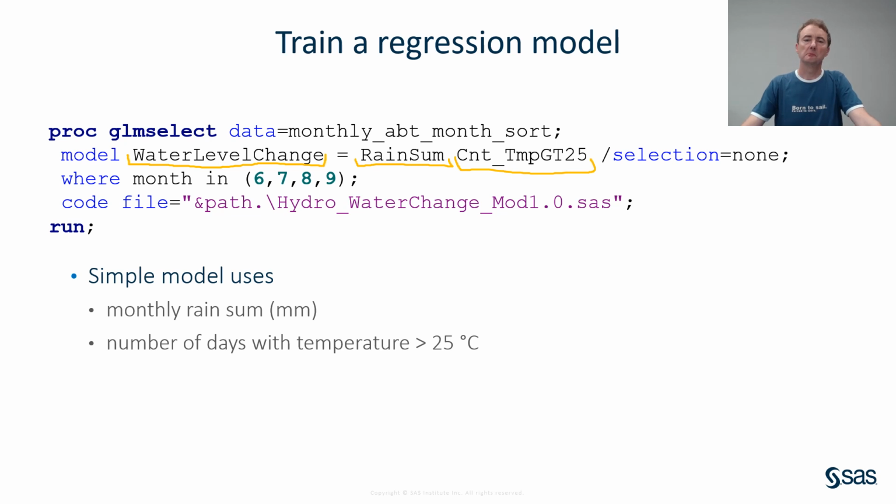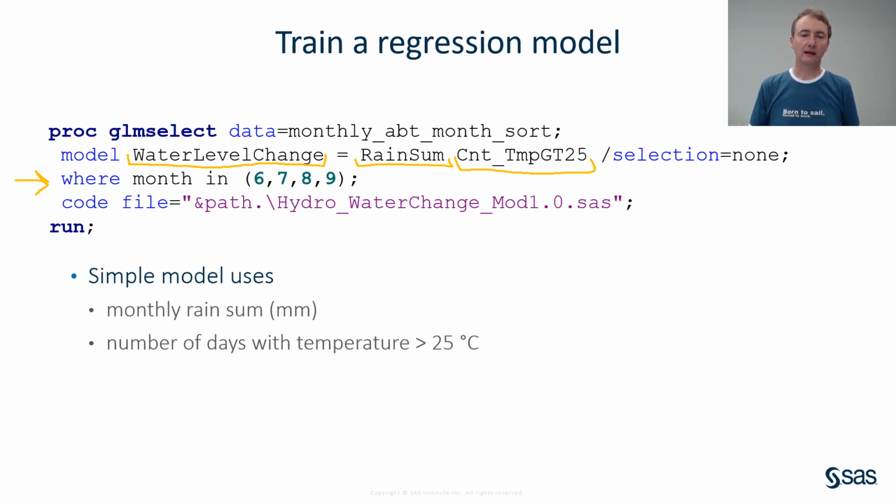Of course, you might want to build a more complicated and a better explanatory model. However, for this simple regression analysis and simulation model, I only use these two parameters. I restricted the analysis to the months June, July, August, and September because these are the months that we want to analyze here.